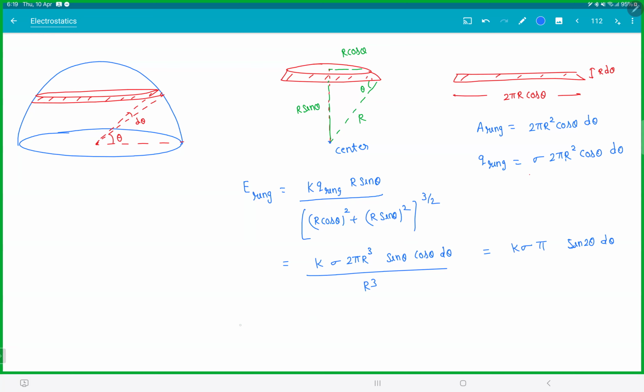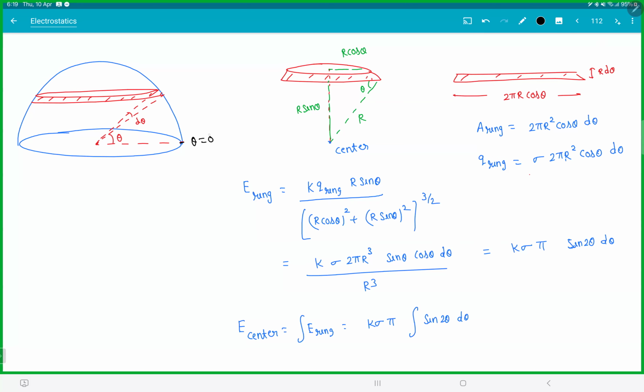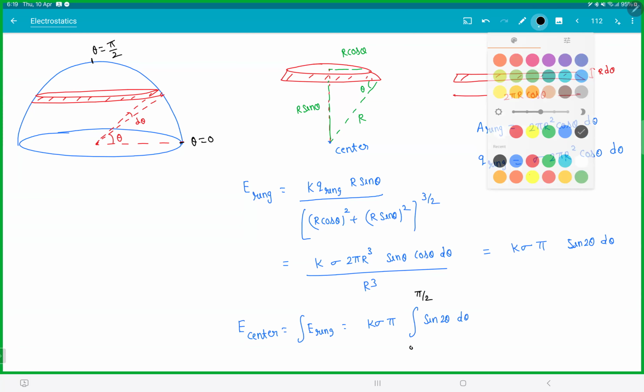Right, you got it. So the field due to this hemisphere will be the integral of all the fields due to the rings. k sigma pi integral sin 2 theta d theta. Remember here, at the bottom theta is 0, and as you go up to the highest point, theta is 90. You'll cover all the rings there. Limits will be from 0 to 90. Integral of sin 2 theta will be minus 1/2 cos 2 theta.